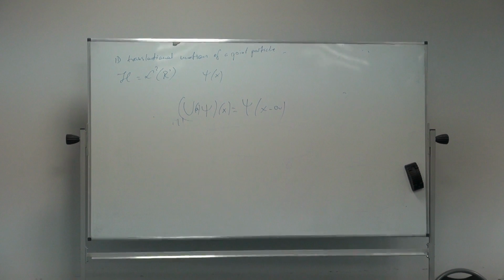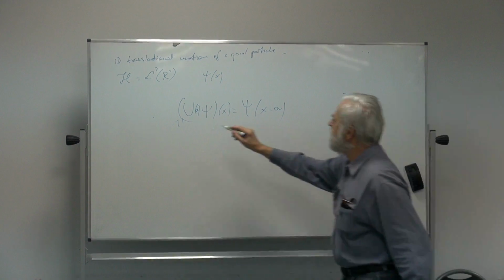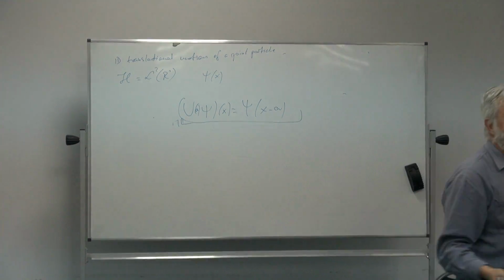I think it is obvious that the scalar product of two translated vectors is the same as the scalar product of two non-translated vectors. So this operation defined by this formula is clearly a unitary operator.